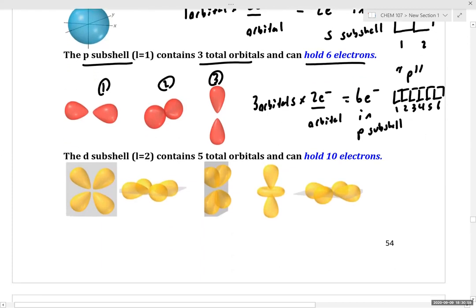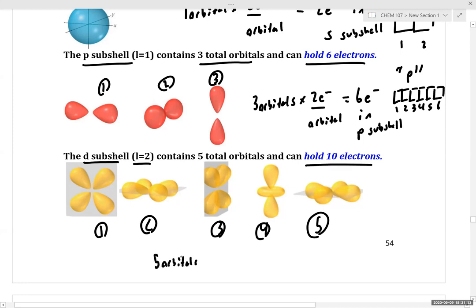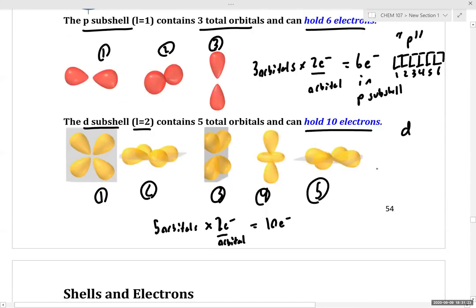Let's talk about the D subshell now, which is L equals 2. We have 5 total orbitals, so we can hold 10 electrons. So we have 10 electrons, and that is why our D block, otherwise known as our transition metals, that portion of the periodic table, contains exactly 10 elements.